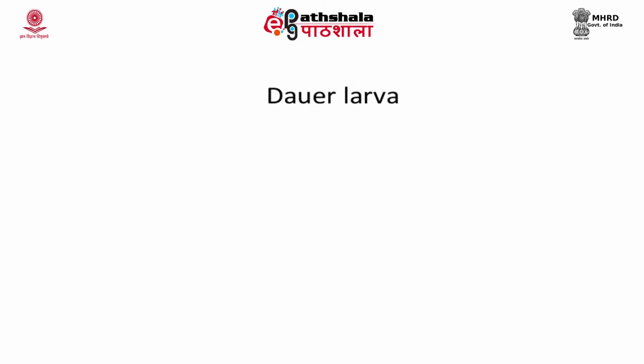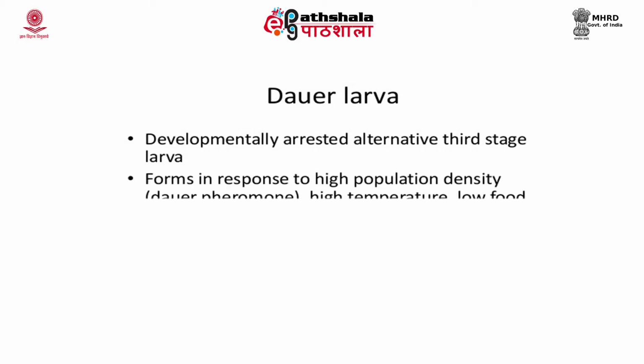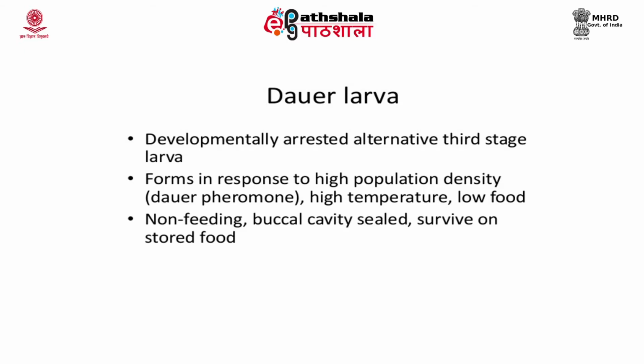Dauer larva. Developmentally arrested alternative third stage larva is the Dauer larva. It forms in response to high population density, high temperature and low availability of food. It is a non-feeding stage where the buccal cavity is sealed and it survives on stored food.